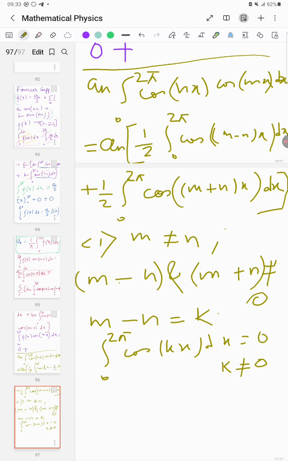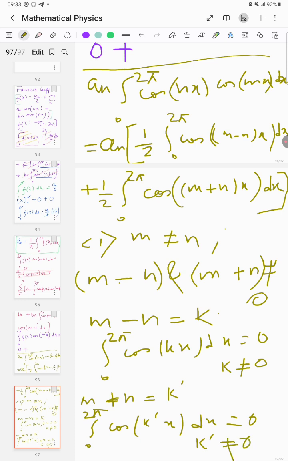Similarly, we can also put m plus n as k prime and say that 0 to 2 pi cos k prime x dx is equal to 0 only when k prime is not equal to 0, and we know that neither m plus n nor m minus n is 0 in this case, because m and n are not equal, they are different.